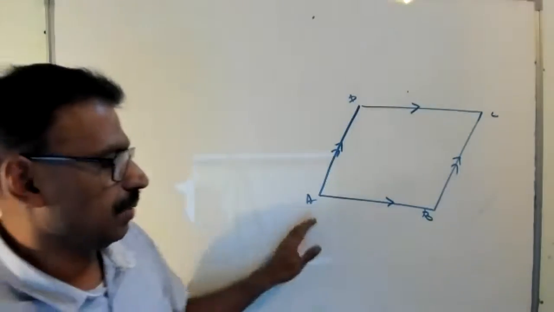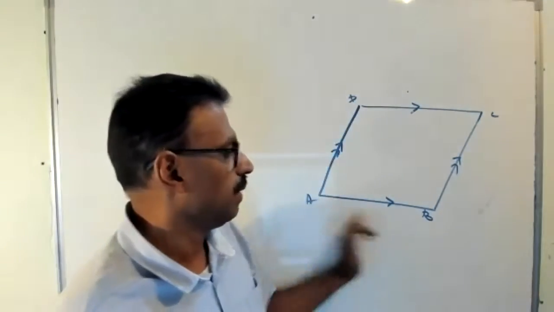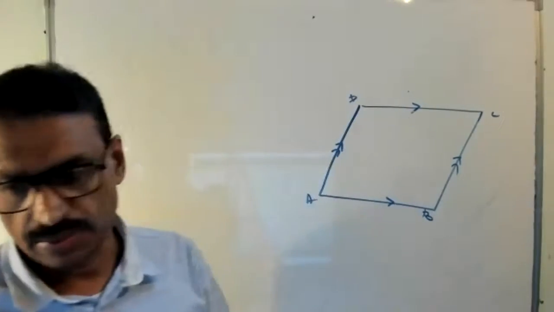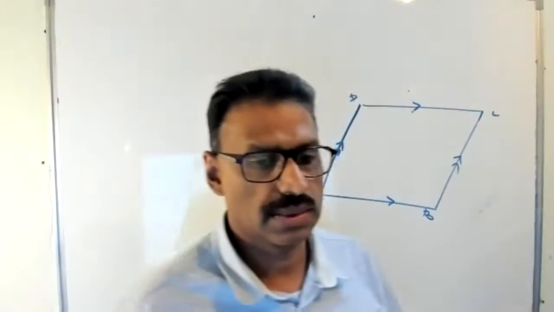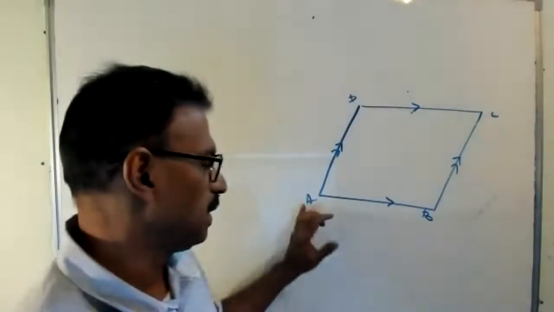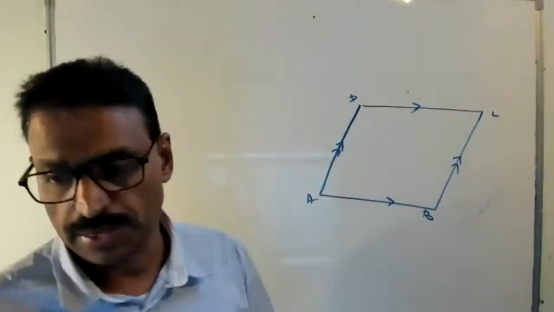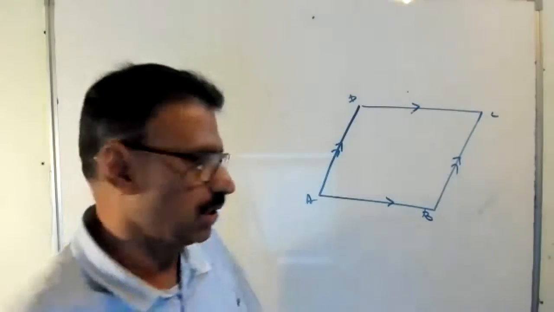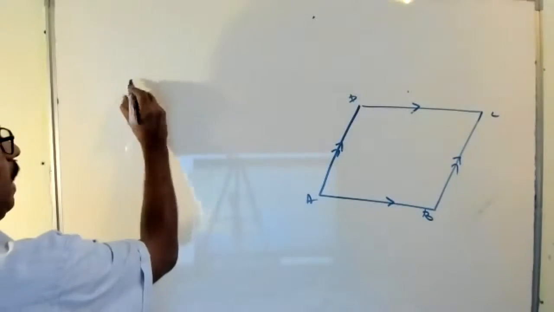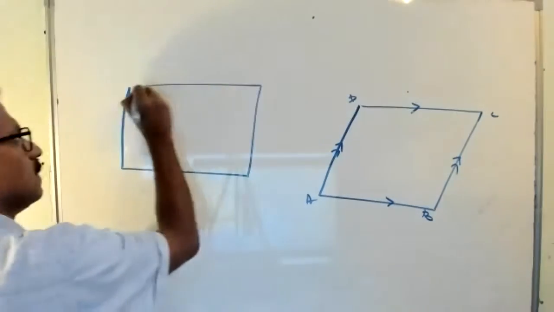Now the parallelogram here, AB parallel to DC, BC parallel to AD. Next figure, rhombus. Rhombus means in a quadrilateral, all sides are equal. That means AB equal to BC equal to CD equal to DA. Next, square. In a parallelogram, each angle is 90 degrees, like this.